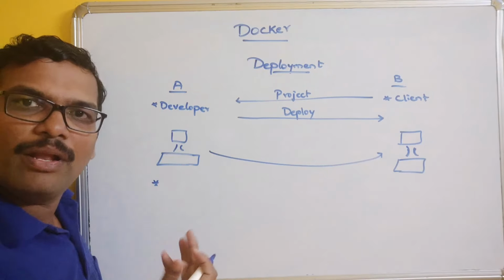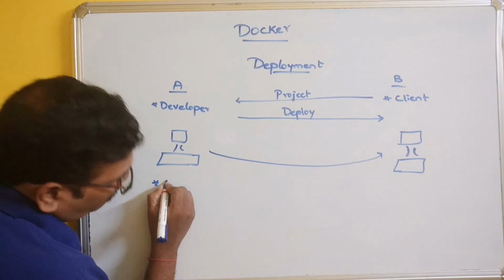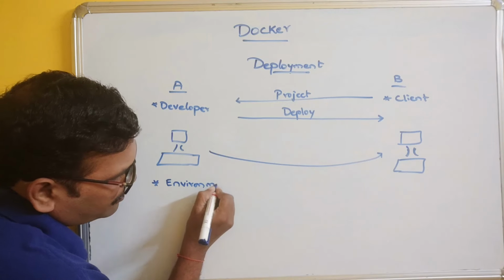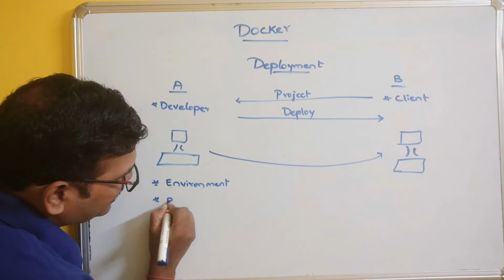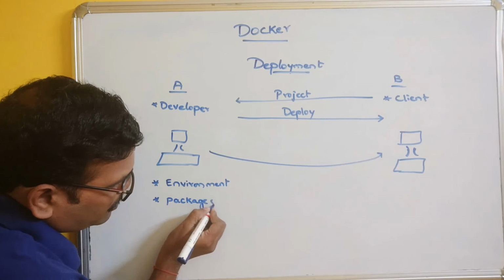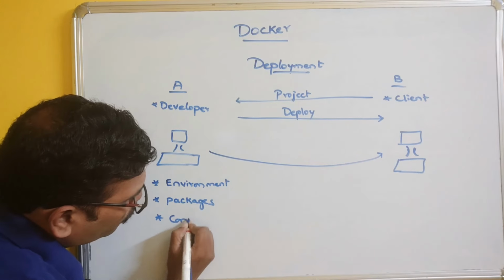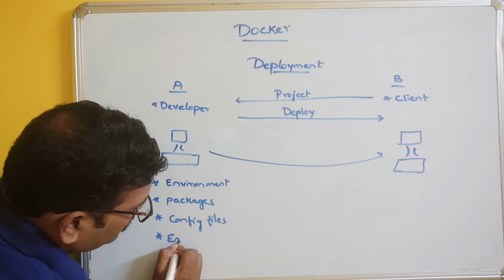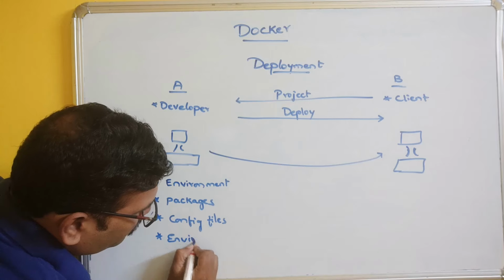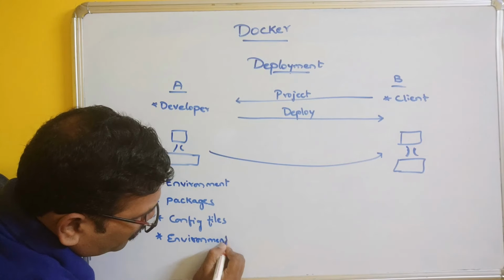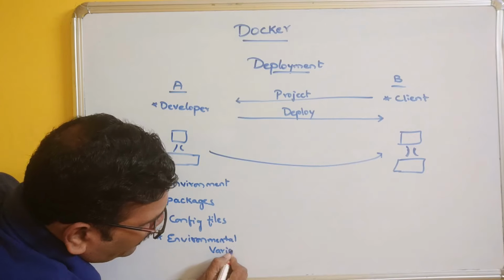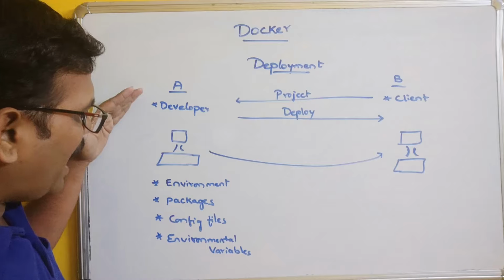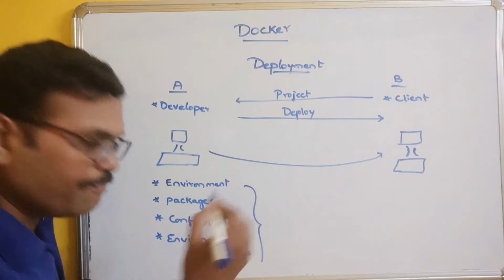The developer will develop the code in a different environment, may use different packages, may use some config files, some environmental variables, etc. In order to develop the project, the developer has used all these things.